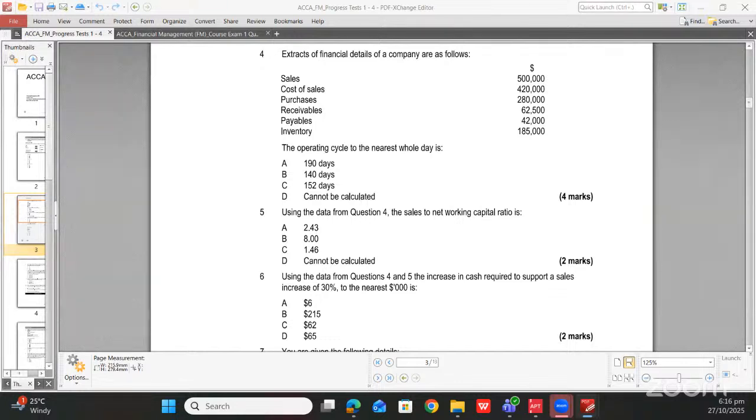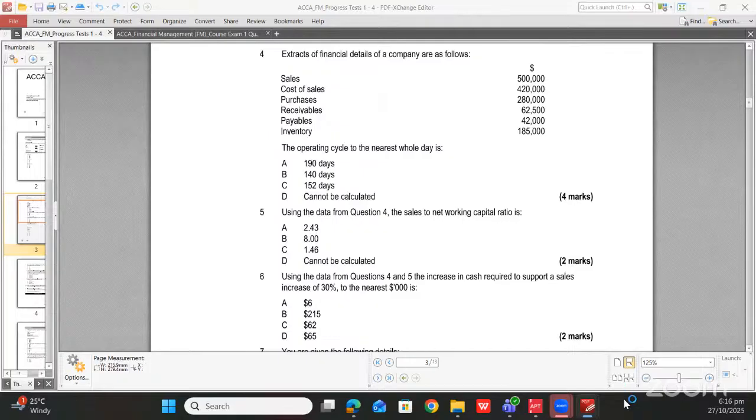Net working capital would be all your current assets minus your current liability. What are the current assets? Inventory and receivables. So inventory, 185,000 plus receivables, 62,500 minus the current liability, which is the payables, 42,000. That will be your net working capital.